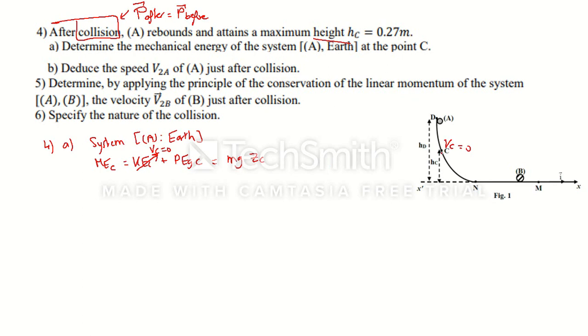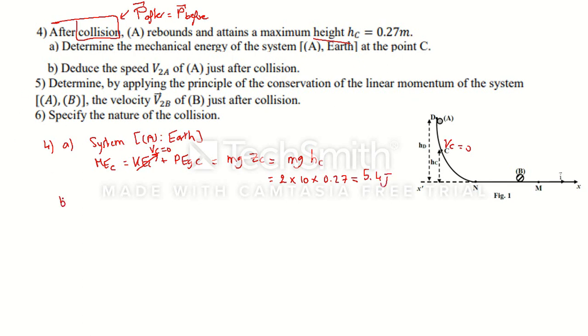And C is above the reference, so it's plus, then it will be equal to mg times the height C. And here the answer will be equal to 2 times 10 times 0.27, which is equal to 5.4 joules.